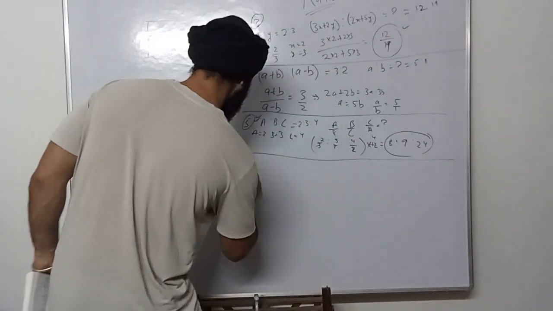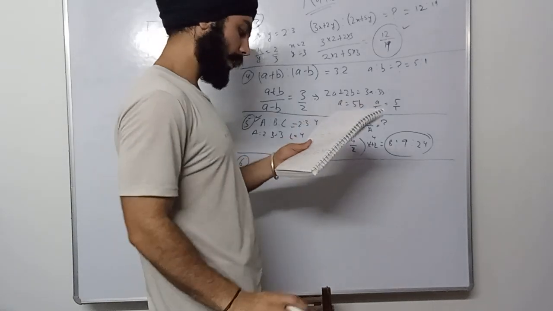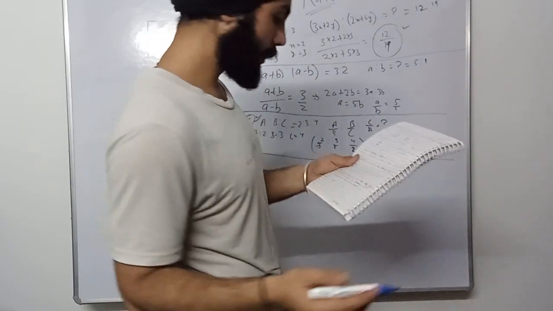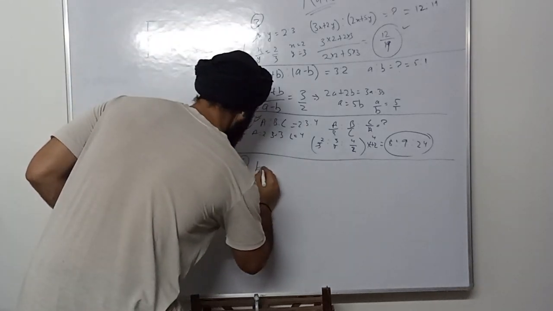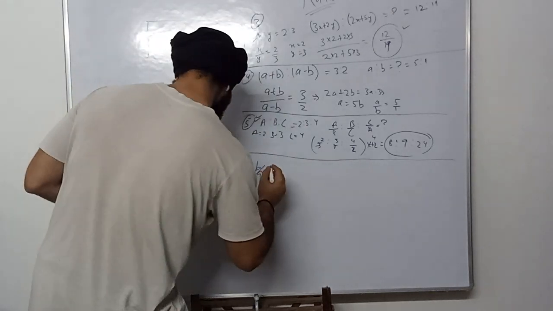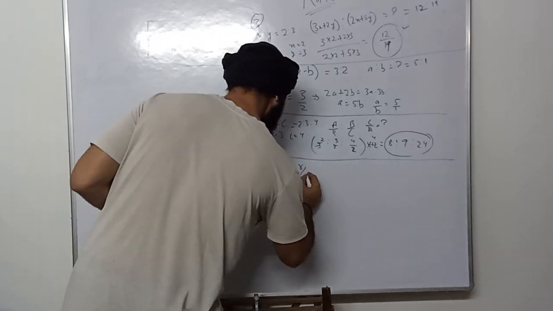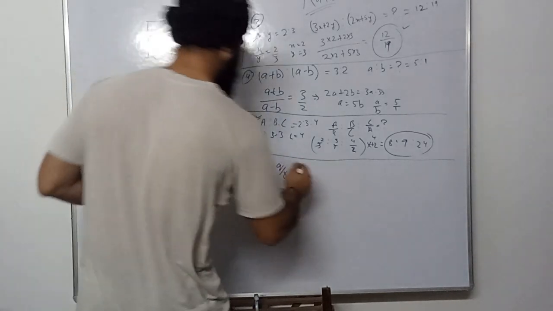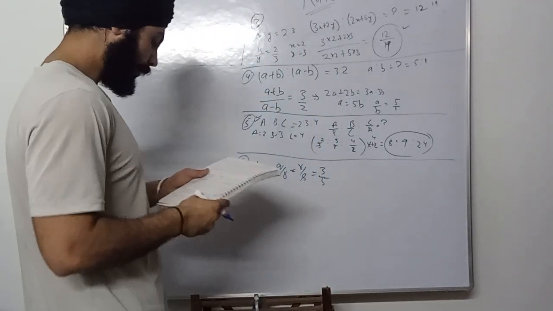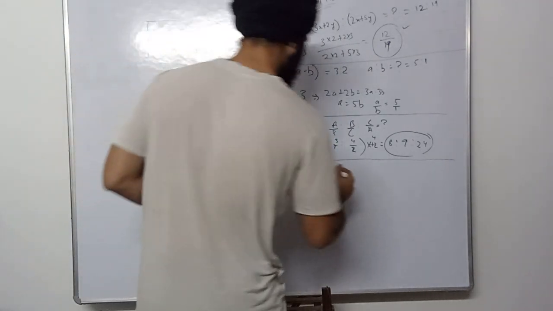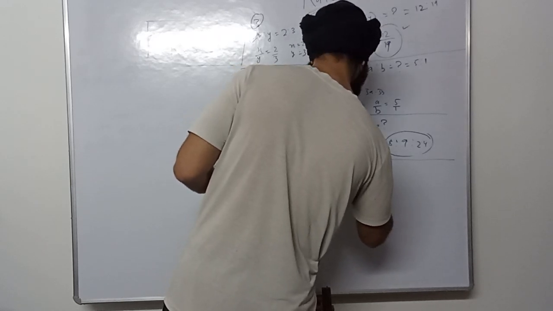So now question number 6. If P, Q, R and S, there are 4 letters, are such that P by Q is equals to Q by R is equals to R by S is equals to 3 by 5, and difference between P and S is equals to 49.